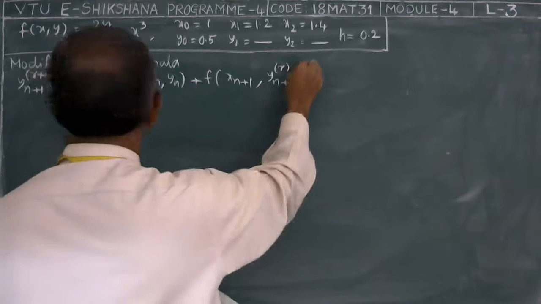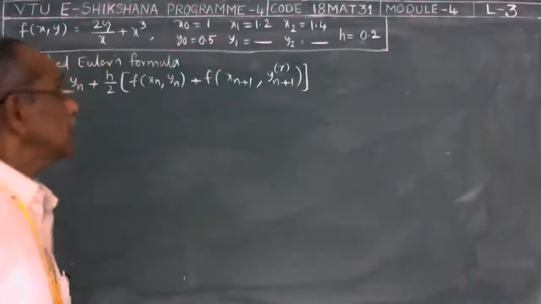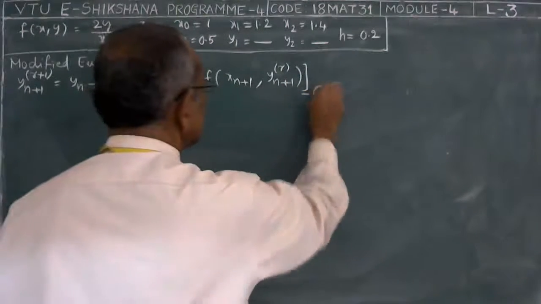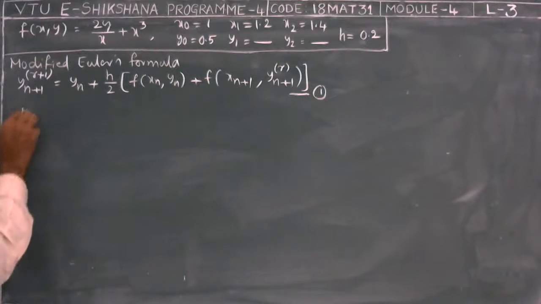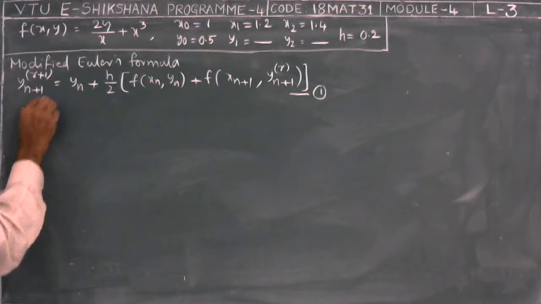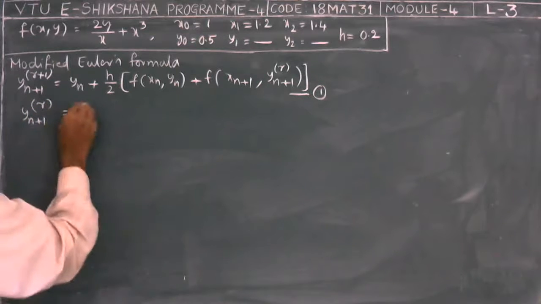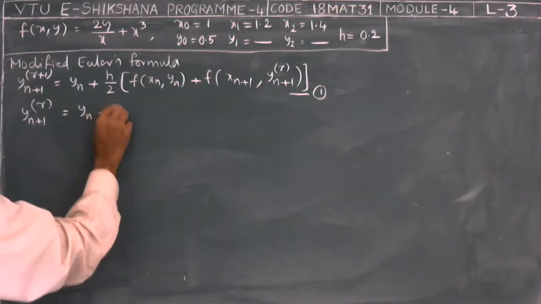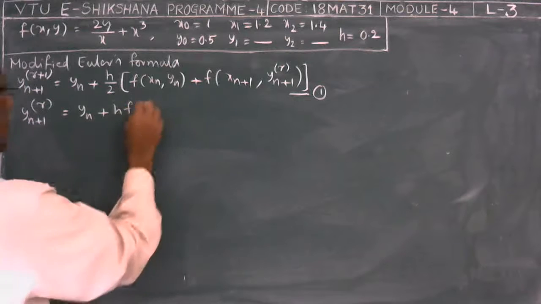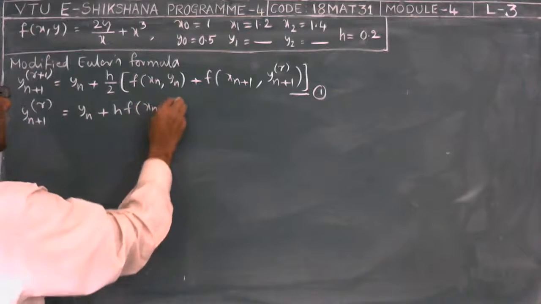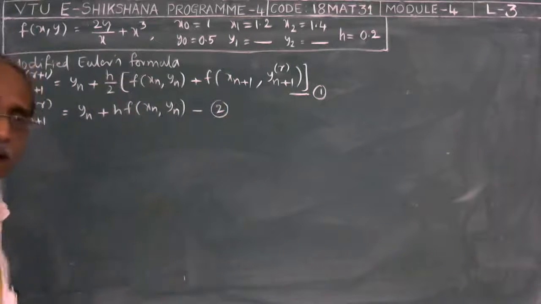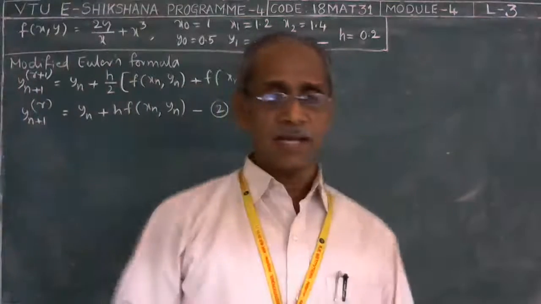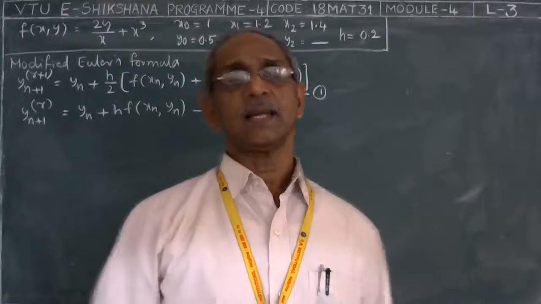Close the open bracket, then square bracket. Let me call this equation number 1, where yn plus 1 r is yn plus h into f of xn comma yn. Call this 2. So basically 2 is coming from Euler's method.